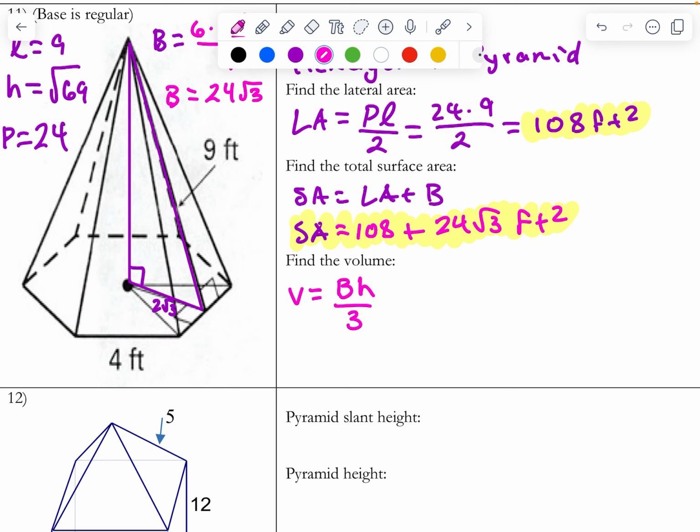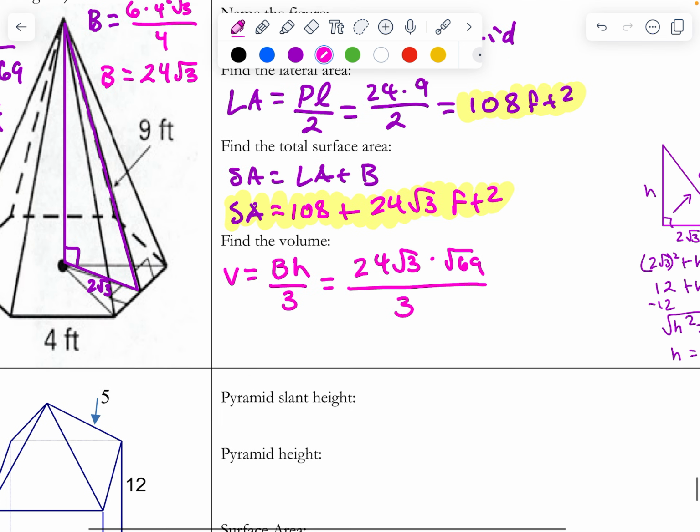So let's go ahead and do that. I have my B, I have my H, so I'm able to solve for this. My base area is 24 root 3. And then we multiply that by the height being square root of 69, and divide that by 3.